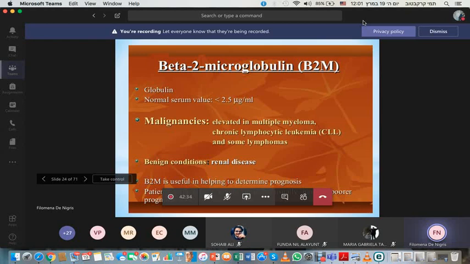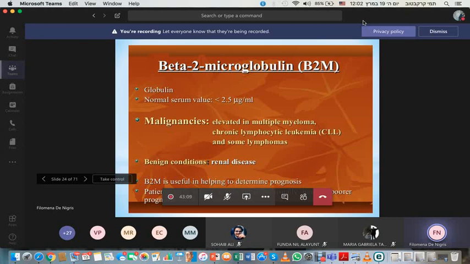It's easier to take a little bit of blood and monitor it than use other types of diagnostic systems. It is easy and also very quick. It is not specific, also because renal disease can indicate an increase of beta 2 microglobulin.